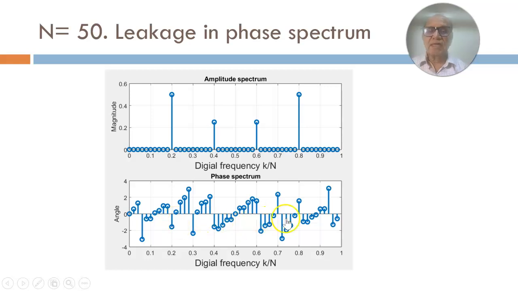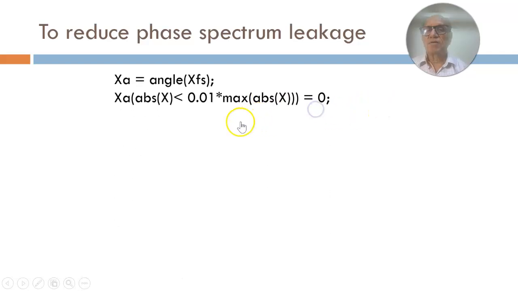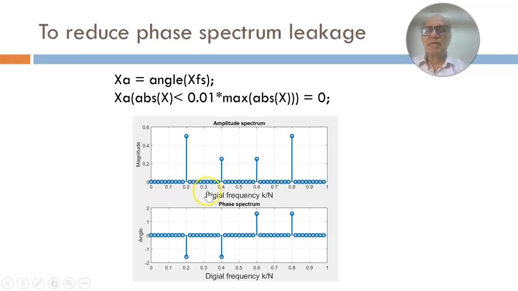So if you use that condition now and again choose n equal to 50, so what you have to do, as we said, XA is the angle of XFS and you make XA equal to 0 whenever the amplitude of X is 1% of the maximum value of X. Okay. So this is an additional statement that you have to insert in the program. So I'm not showing the entire program again, but you can show that now the leakage in the phase spectrum is removed.